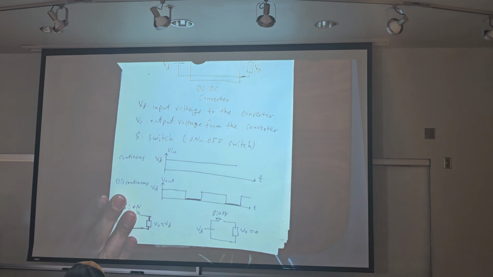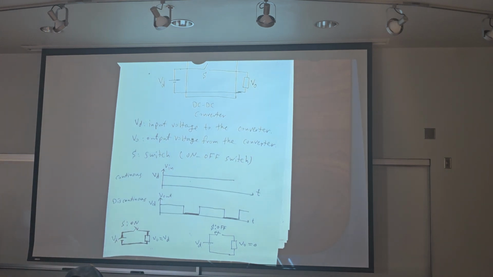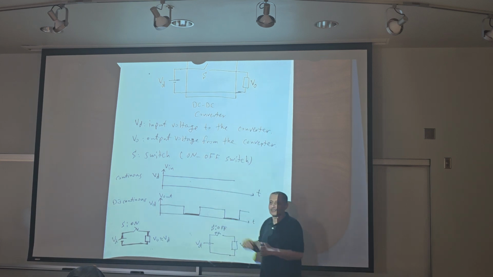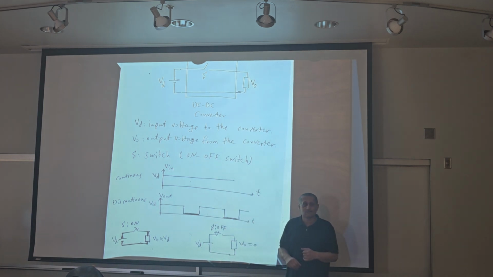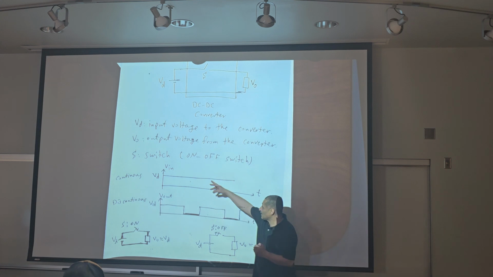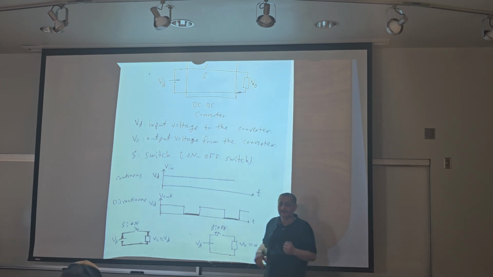Any question about this concept? Why do we say continuous to discontinuous? The DC to DC converter converts the continuous signal to a discontinuous one. But we don't know if the output DC voltage is more or less than the input.